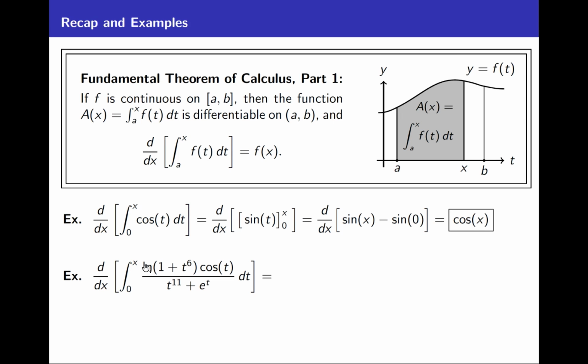The problem didn't say we had to find out what this function was exactly, just what is its derivative. And the fundamental theorem of calculus part 1 says its derivative is just going to be f of x. In other words, the derivative of this function is just the integrand with the t replaced by an x. Wasn't that easy?